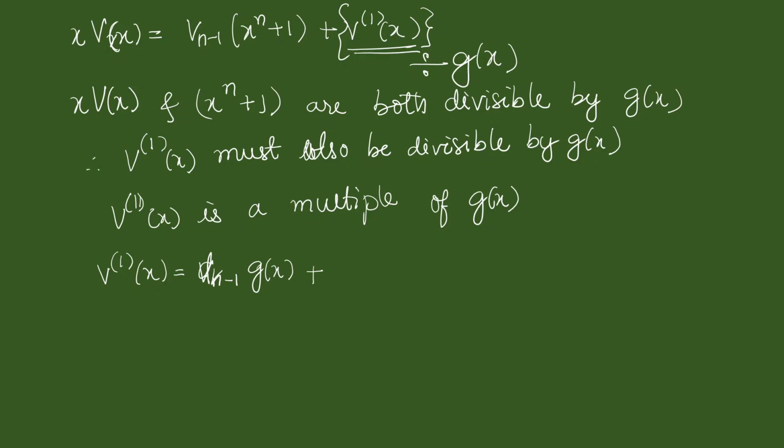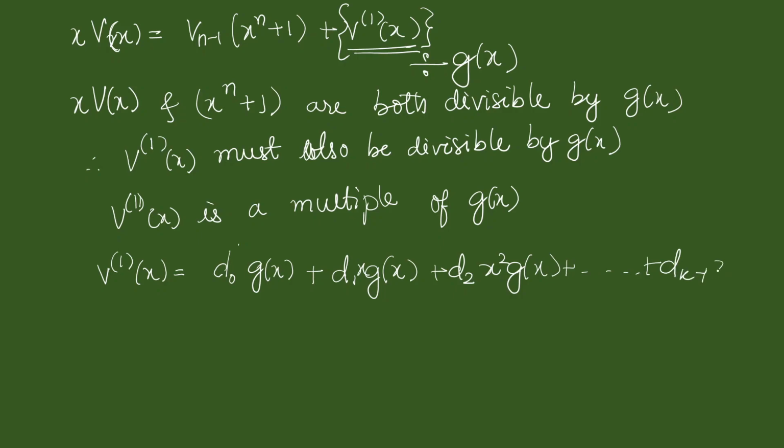Let us not make it complicated by writing in terms of code words, I mean that is the input message. So I can write this as a linear combination: d naught into g of x, plus d1 into x into g of x, plus d2 into x square into g of x, and so on, up to d k minus 1 into x to the power k minus 1 into g of x.